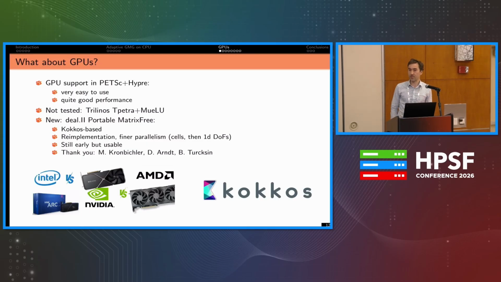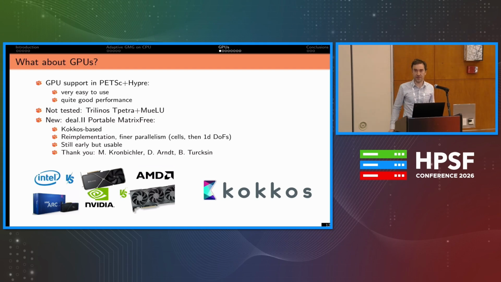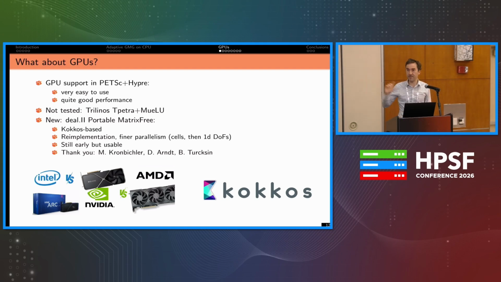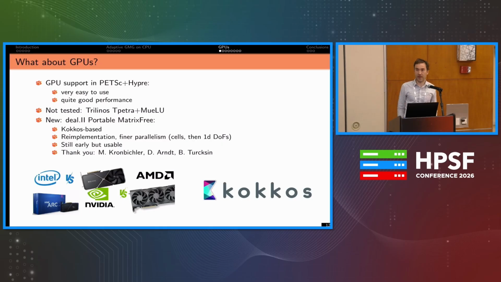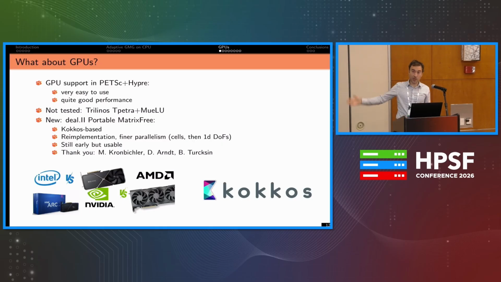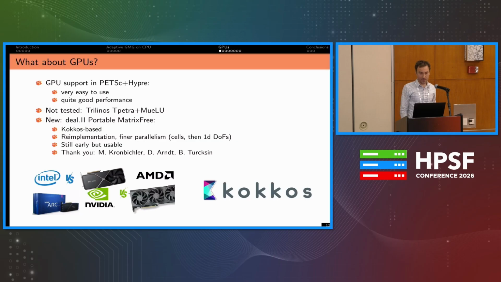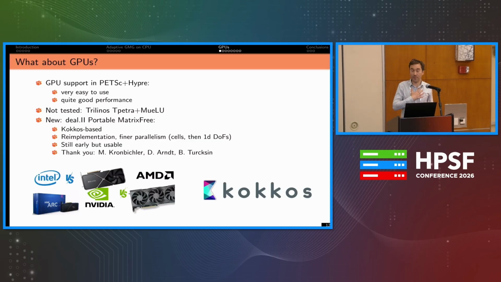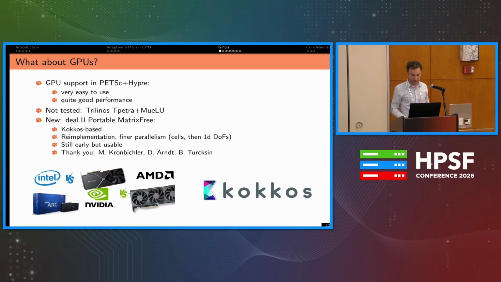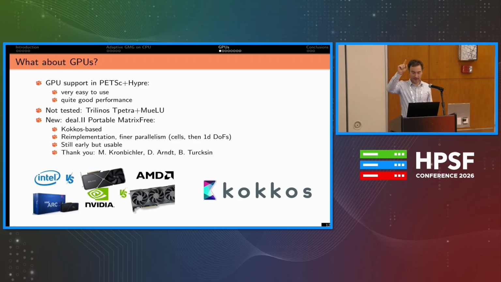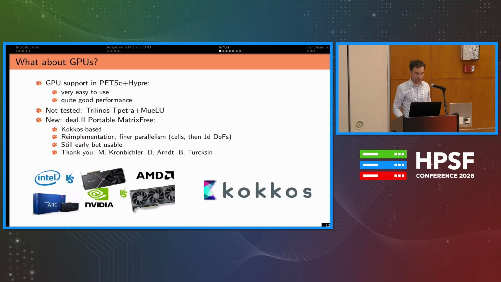So what we do is basically you do a loop over cells, and then within the cell you have an inner Kokkos parallel for that does one-dimensional integrals, and then that are summed up over the quadrature points or one-dimensional degrees of freedom if you have a tensor product structure. And that gives you enough parallelism to actually run on device and be fast. This is still early, but I'll show you some of the early results. This is, of course, not my work, but the work of many people who have been involved in this. Daniel and Bruno are sitting in the room back there if you have more questions.